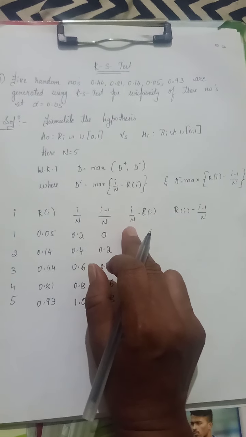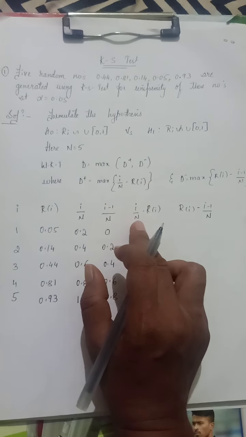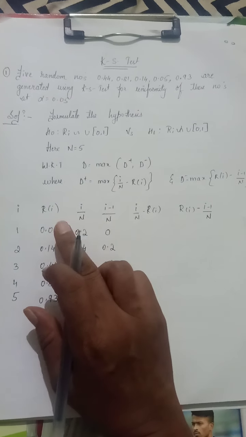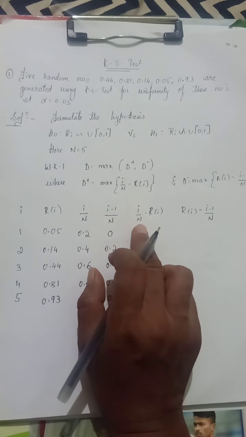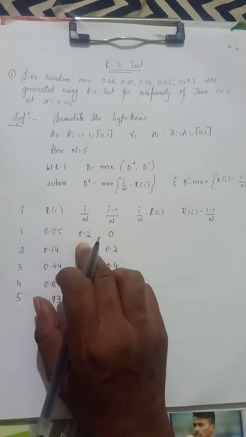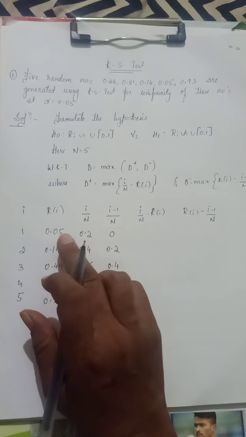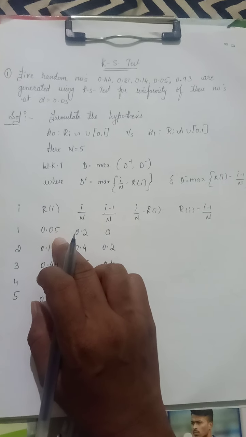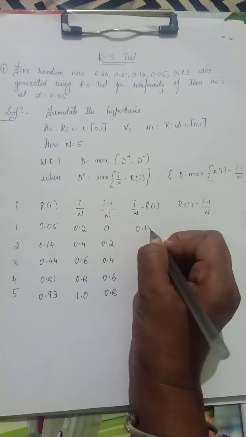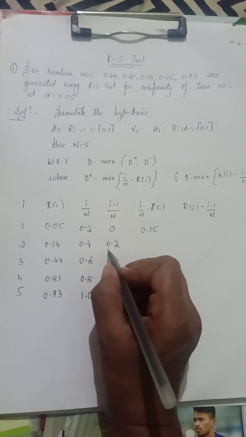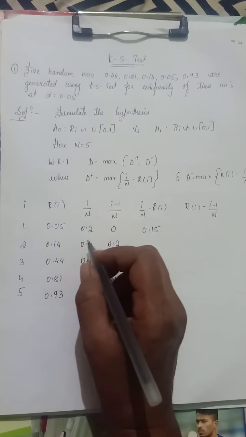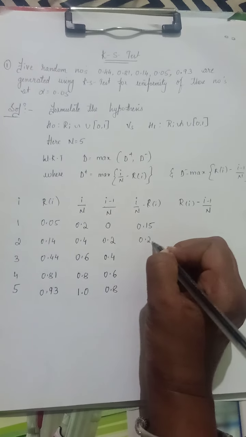The next value we need to find is i by n minus R of i. Already we have found i by n and R of i we also know. So the first one, 0.2 minus 0.05, will be 0.15. The next, 0.4 minus 0.14, is 0.26.